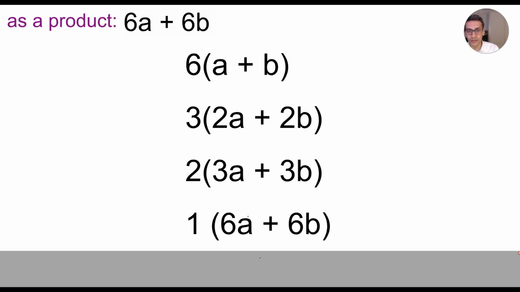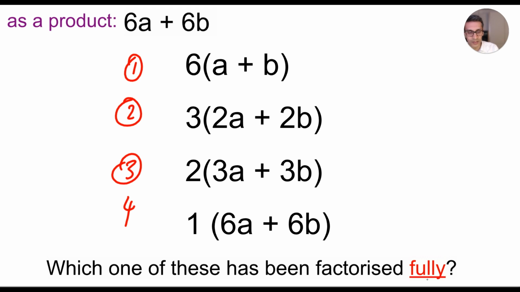So the question is, which of these, 1, 2, 3, or 4, do you think has been factorized fully? So all of these have been factorized. Only one is being factorized fully. You may have realized that for some of these questions, you can still take factors out.